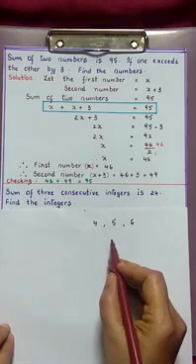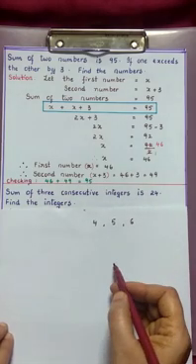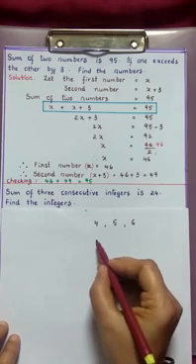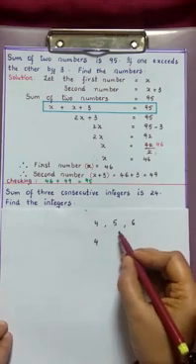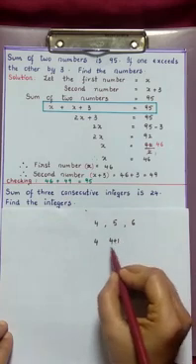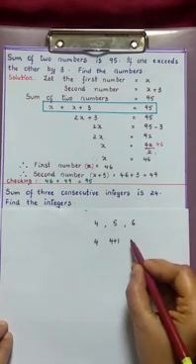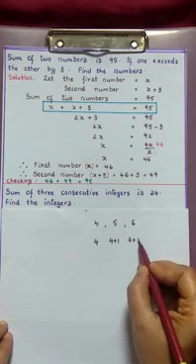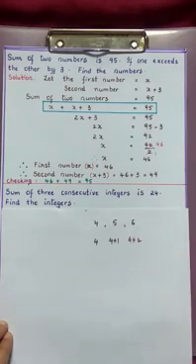Now here what pattern does it follow? Can you say? What is the first number here? 4. Now if you add 1 to the first number, then we get the second number. If we add 2 to the first number, that is 4 plus 2, we get the third number.